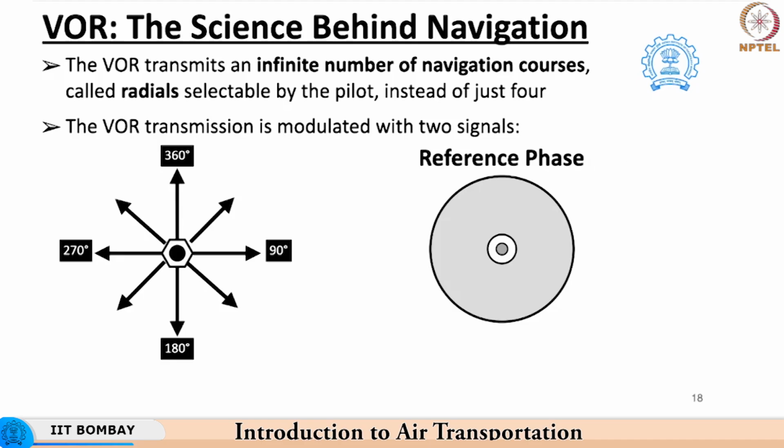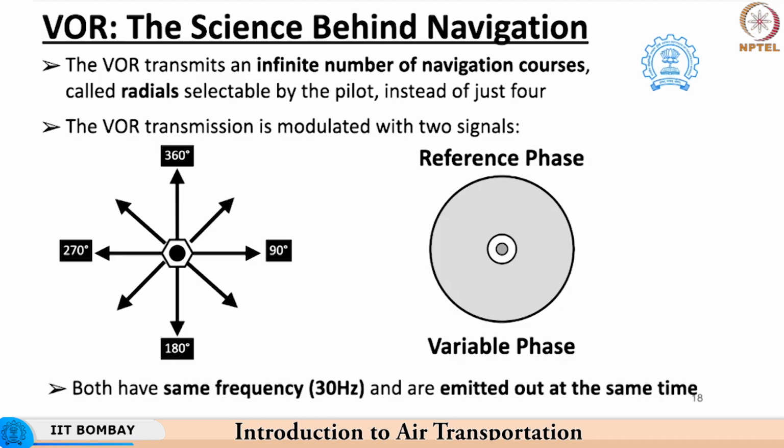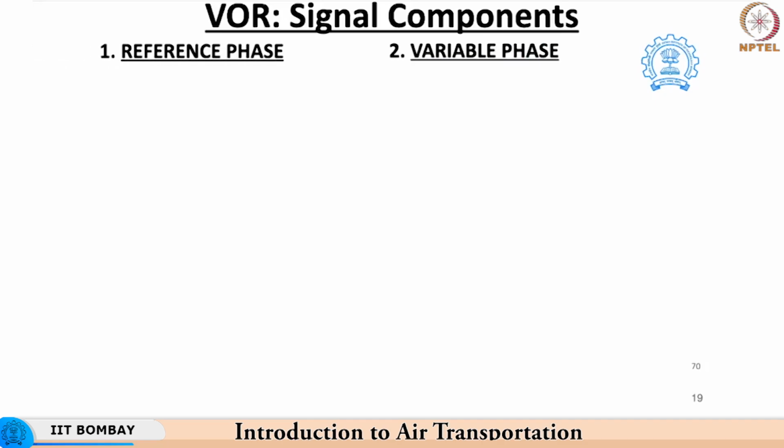One is called the reference phase signal and the other is called the variable phase signal. Both these signals operate on the same frequency, 30 Hz, and are emitted at the same time. Now, let's understand what these two signals consist of.